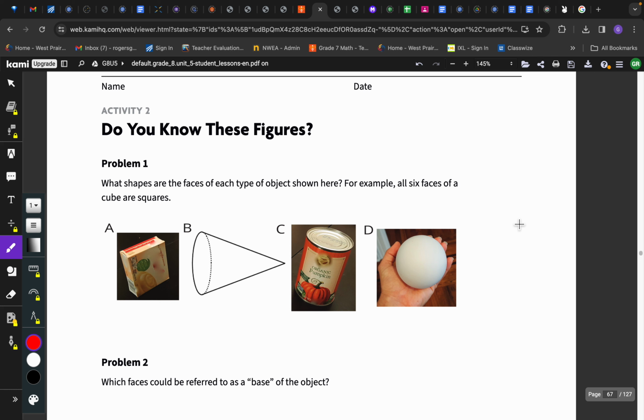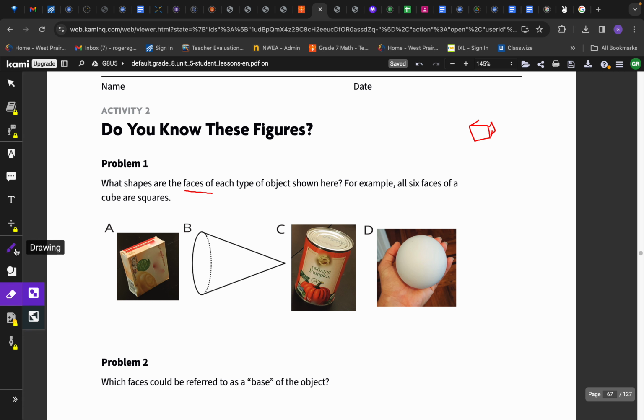It says, what shapes are the faces of each type of object shown? For example, all 6 faces of a cube. Oh, here's my best attempt at a cube. Not the best cube with a mouse.